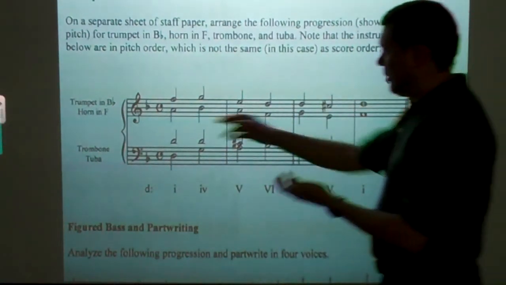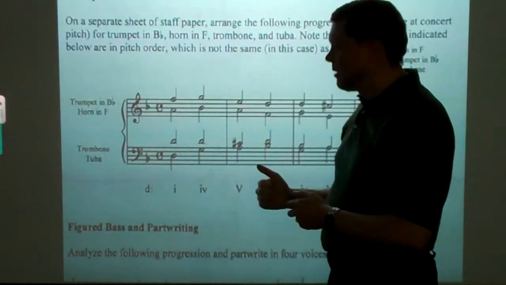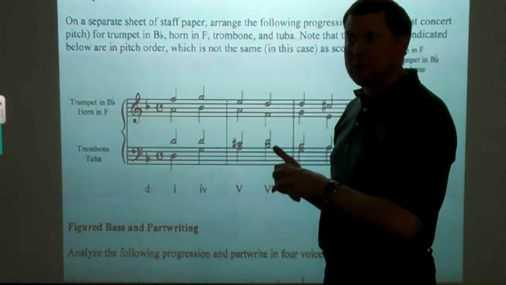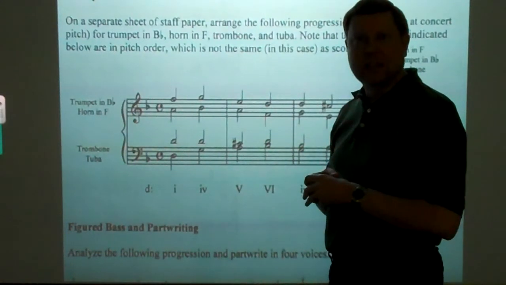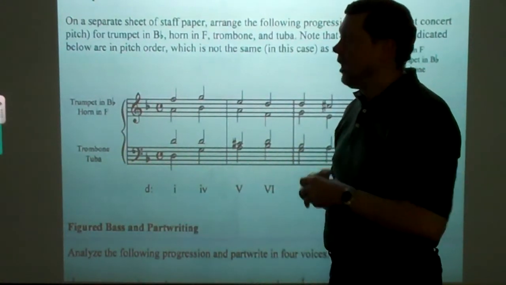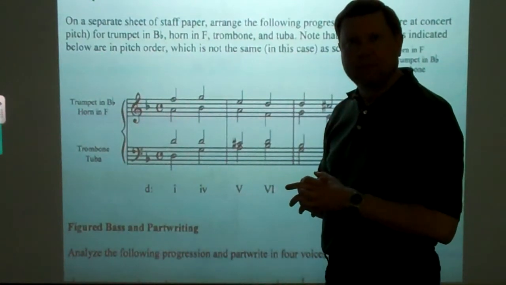All right, we're in the key of D minor. What minor key is a whole step or a major second above D minor? I hope you get the answer of E minor. And E minor has one sharp.